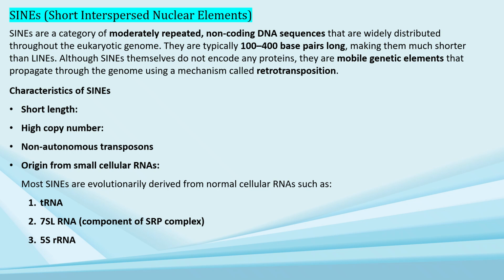Although SINEs themselves do not encode any proteins, they are mobile genetic elements that propagate through the genome using a mechanism called retrotransposition. Looking into the characteristics of SINEs, they are short in length, high copy in number, non-autonomous transposon, and their origin from small cellular RNAs, particularly tRNA, 7SL RNA, and 5S rRNA.